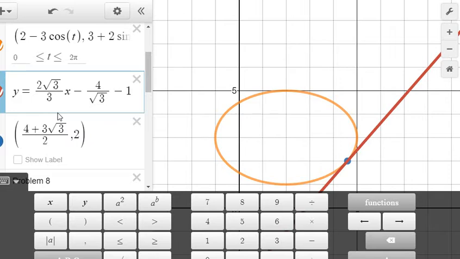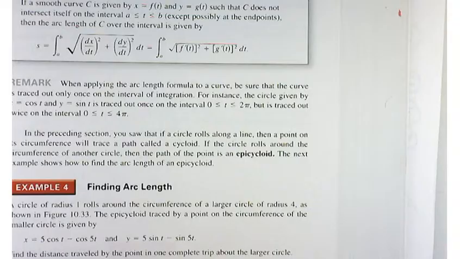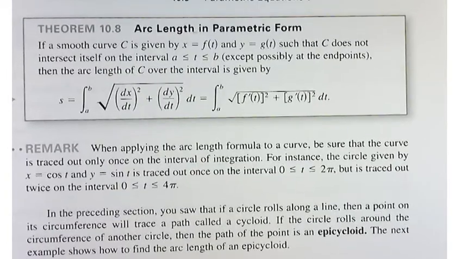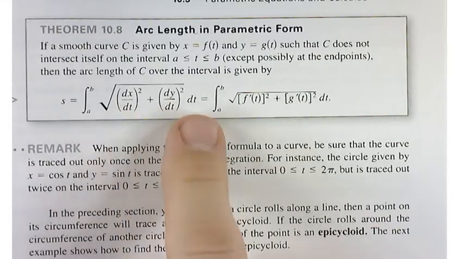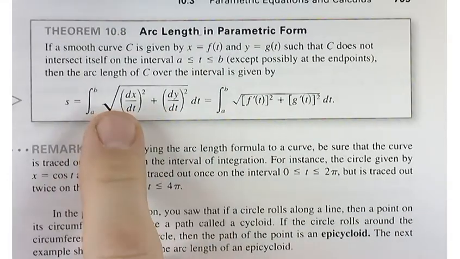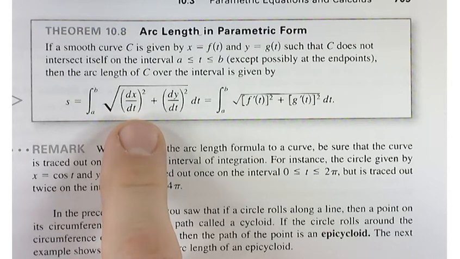So problems like number 48 is what we're going to work with, but let me just take a quick look at the formula with you. It actually kind of comes from the Pythagorean theorem. You can see a little bit of it in here. And the derivation is something that I do take care to do in a Calc 1 class. I'm not going to take the time to do it now.